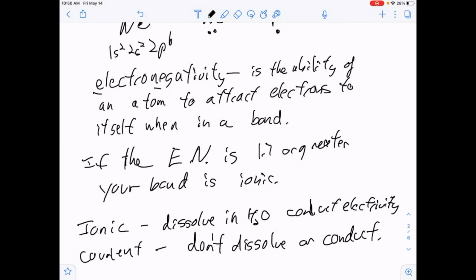So if we know a substance is ionic, we know then it'll conduct. We also know it'll dissolve. If something is covalent, then we know it won't dissolve and we know it won't conduct electricity.